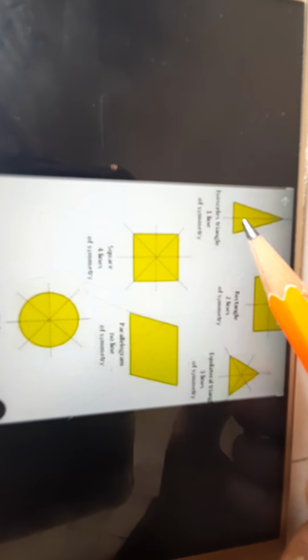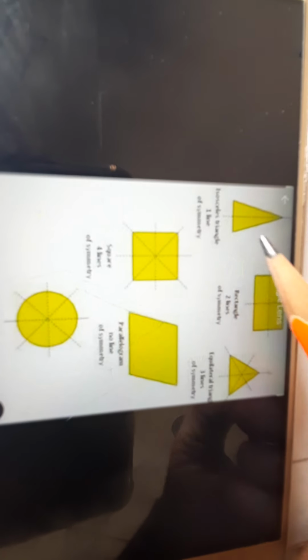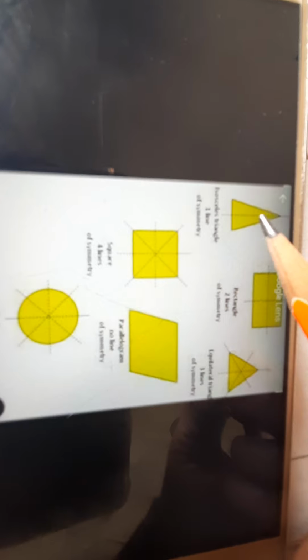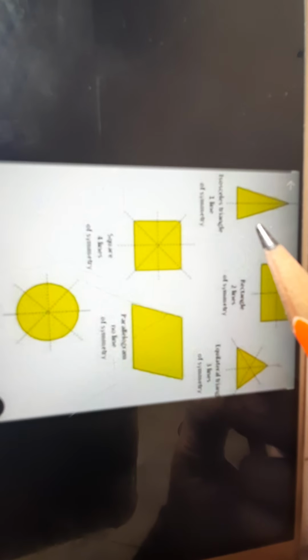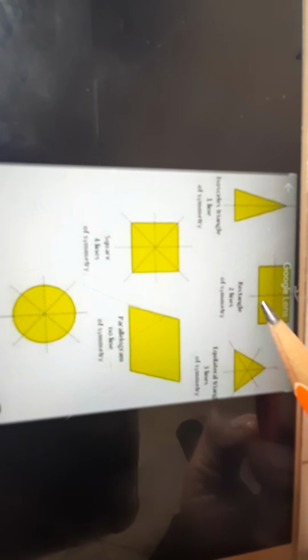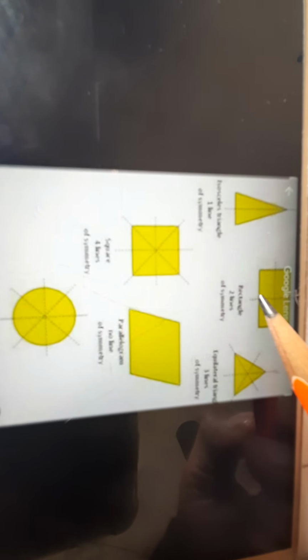Some more geometrical figures are there in front of you which have some lines of symmetry, like this isosceles triangle. If the triangle is isosceles, then it has only one line of symmetry. But if it is an equilateral triangle, then it has 3 lines of symmetry. If it is a scalene triangle, then it has no line of symmetry. In case of a rectangle, we have 2 lines of symmetry, one vertical and the other horizontal.